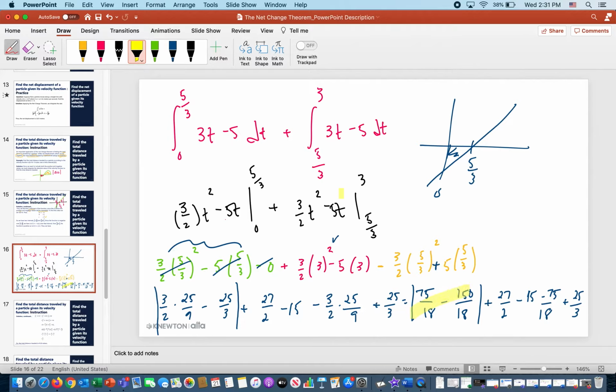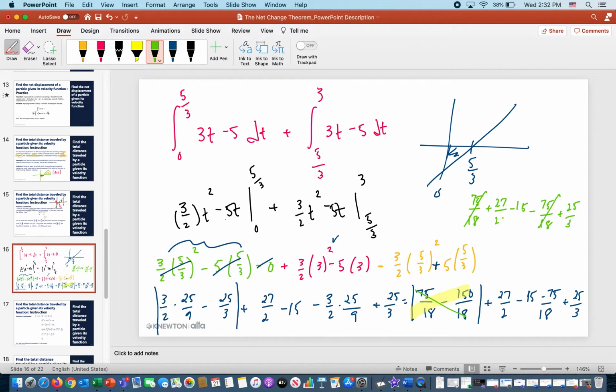But when I take the absolute value, it turns into a positive 75 over 18. So positive 75 over 18 right here, plus 27 over 2 minus 15 minus 75 over 18 plus 25 over 3. So we can see now these 75 over 18s cancel. I've got 27 over 2 and 25 over 3.